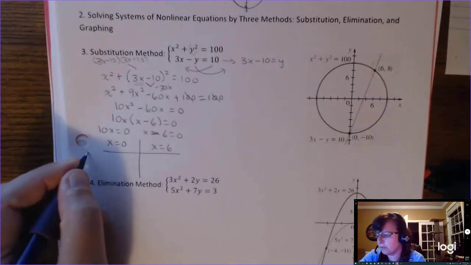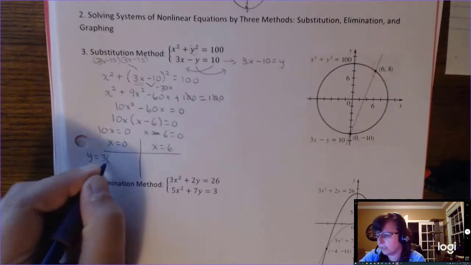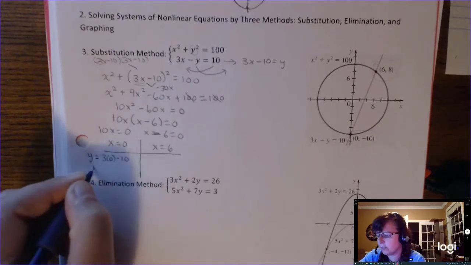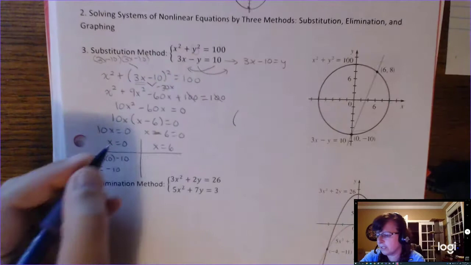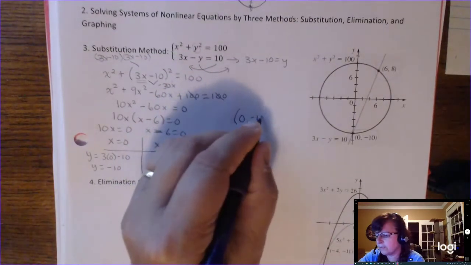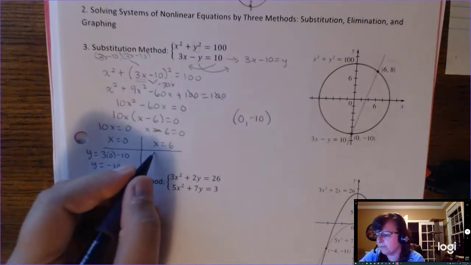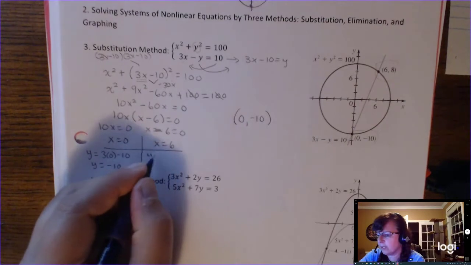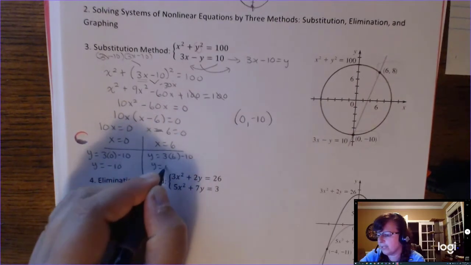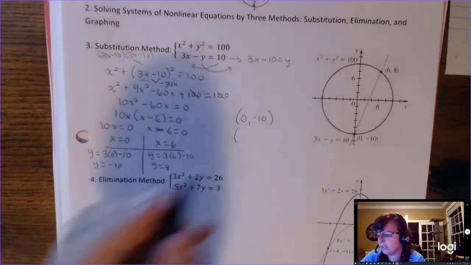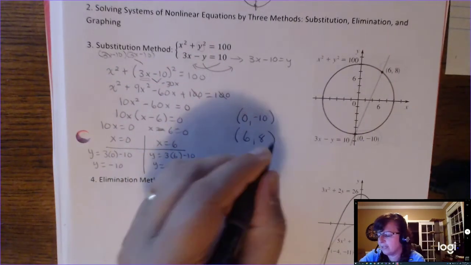So for x equals 0, y equals 3 times 0 minus 10, and y is negative 10. So one of the answers is 0, negative 10. And for x equals 6, y equals 3 times 6 minus 10, so y is equal to 8. So the other answer is 6, 8.